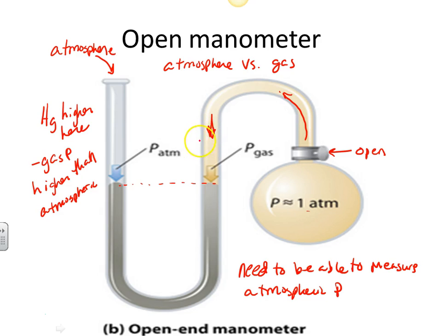If the mercury level is higher on this side, that means the atmosphere is pushing down, so higher here, atmospheric pressure higher.